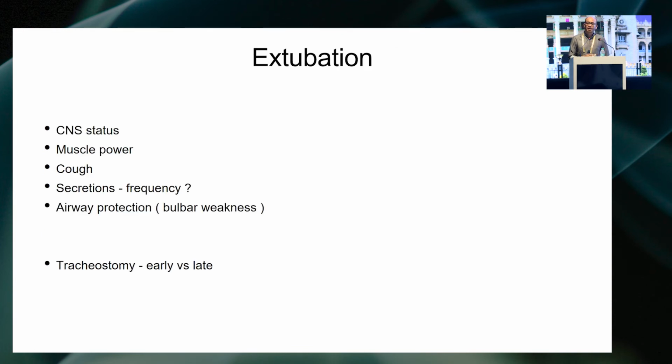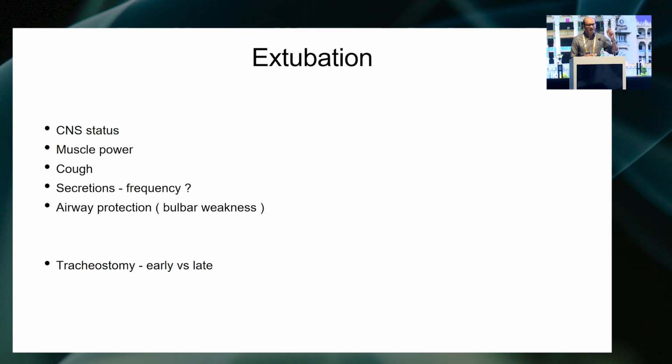Again, when it comes to the process of extubation, you need to look at the ability of the patient to maintain a patent airway. Now, simple things like what is the patient's neurological status, whether the patient has adequate muscle strength, adequate cough to mobilize his secretions, and whether the patient has the ability to protect his airway.